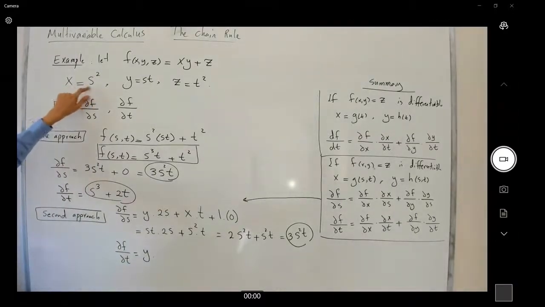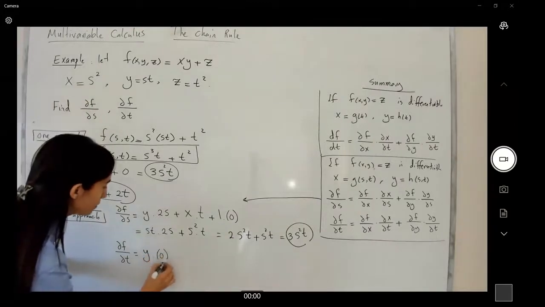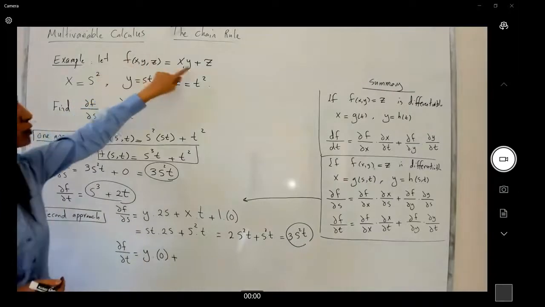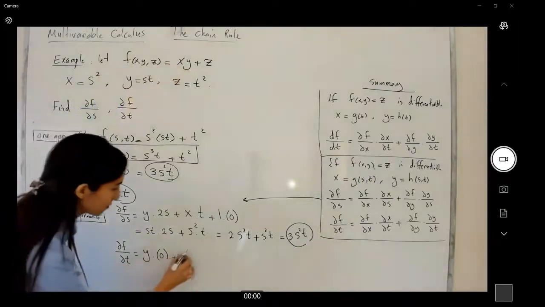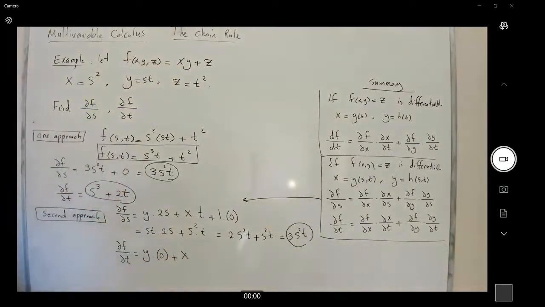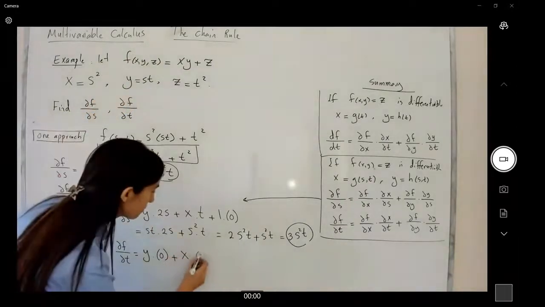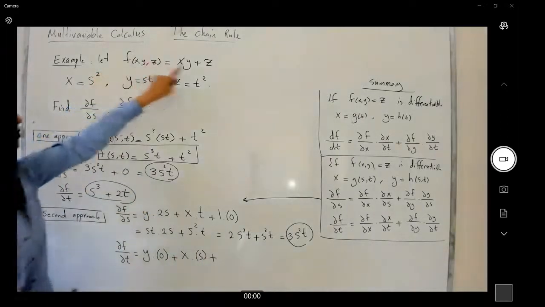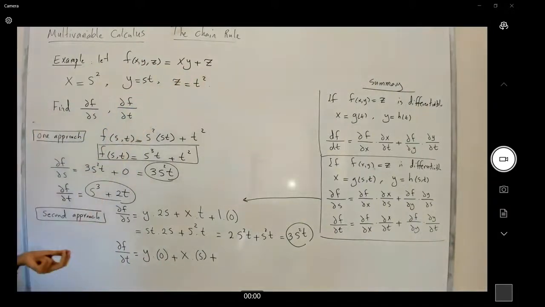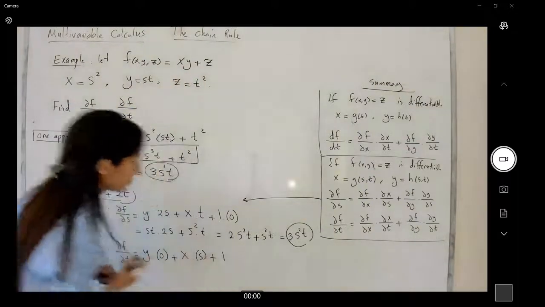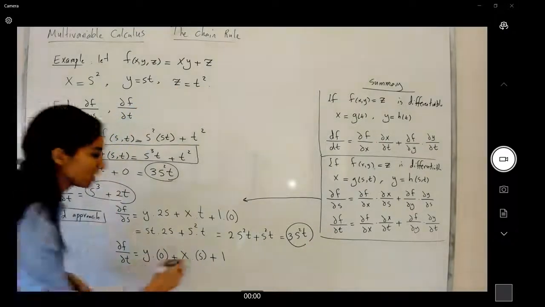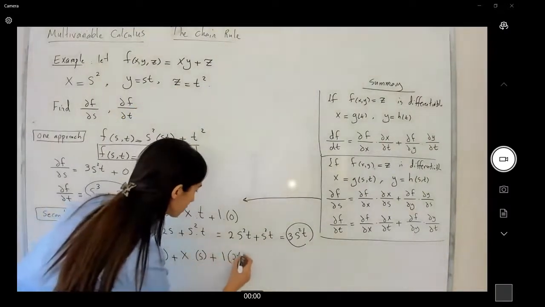It doesn't have any t in it, so you get a 0, plus the partial derivative of f with respect to y, which is x, times the partial derivative of y with respect to t, which is s, plus the partial derivative of f with respect to z, which is equal to just 1, times the partial derivative of z with respect to t, which is 2t.